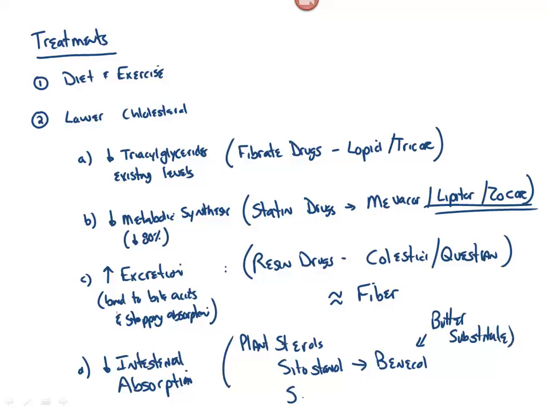And the other one I said was cytosterol. And again, don't memorize the brand names, understand the mechanisms that we're trying to affect. That's found in Take Control. So that's another butter substitute.